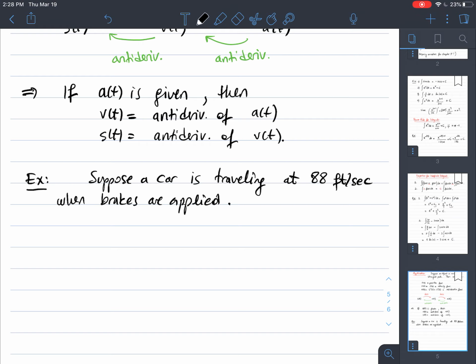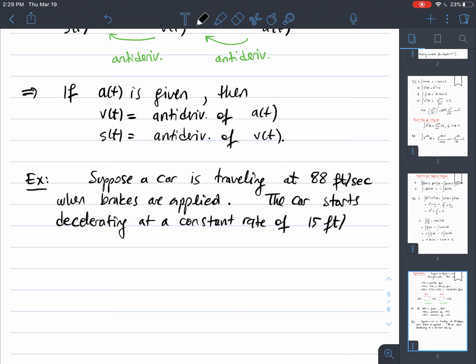And at this moment, the car starts decelerating at a constant rate of 15 feet per second squared.